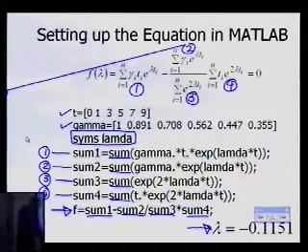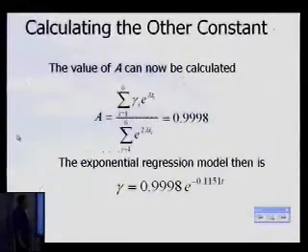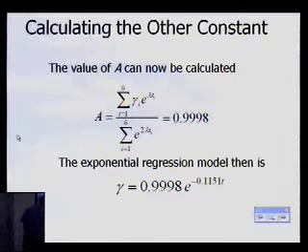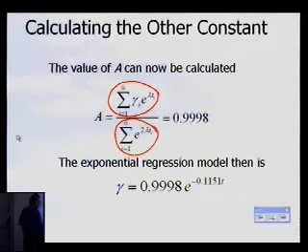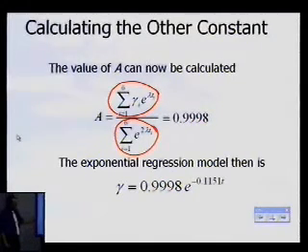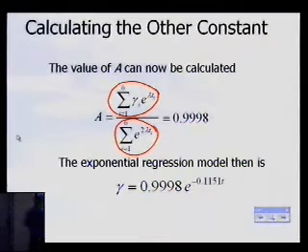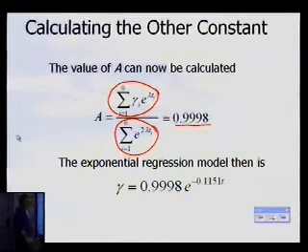So once we have lambda, then things are pretty simple, because lambda can now be substituted into this summation here, because lambda is known and gamma and t sub i's are the data pairs. I can substitute it into the numerator and denominator, and I get the value of a to be 0.998. That's what I get.